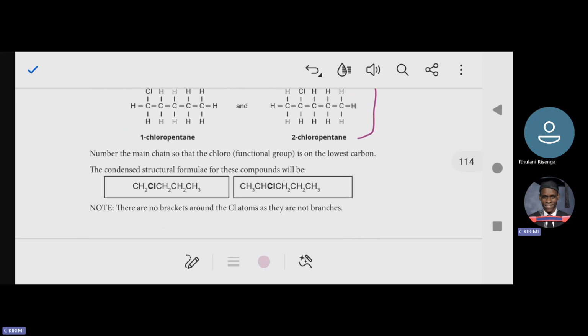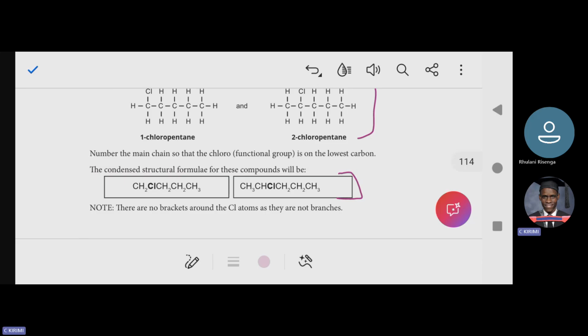Condensed structural formula, which is CH2, which means it's at carbon number 1, then Cl, then you continue with everything. The first one is CH3, then CH, Cl, then you continue with the other side chains on the condensed structural formula.